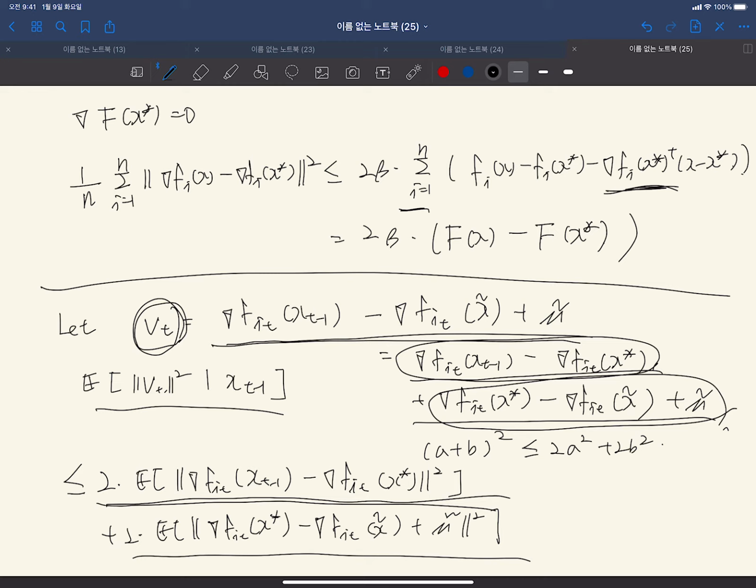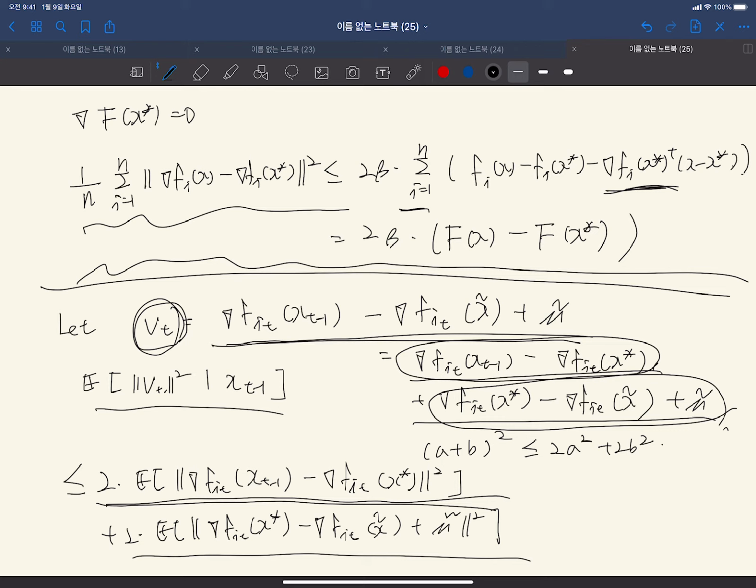Since the index is uniformly random, the expectation of the gradient of fit xt minus 1 minus the gradient of fit x star, norm square, is equal to 1 over n times the summation of the gradient of fi xt minus 1 minus the gradient of fi x star, norm square.